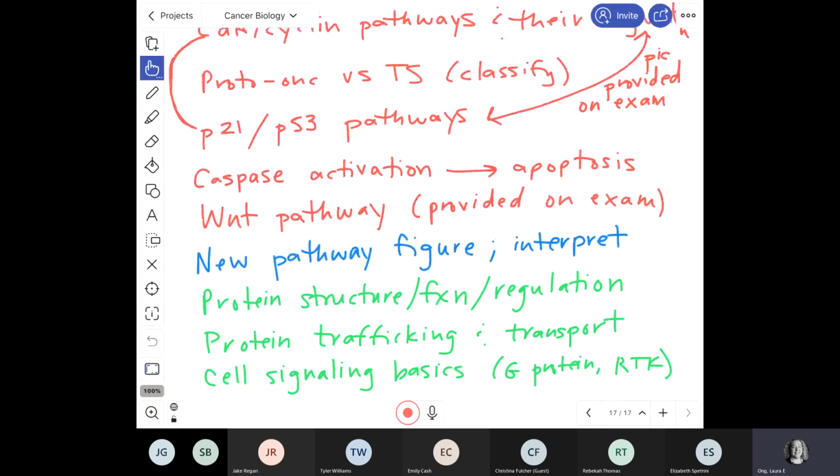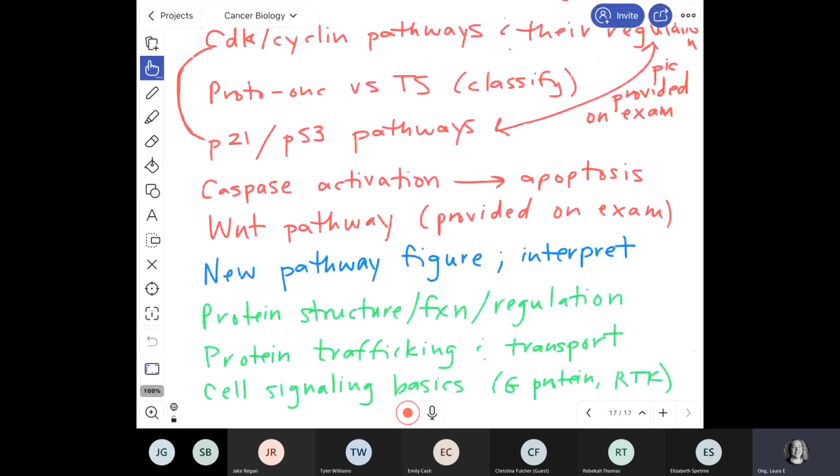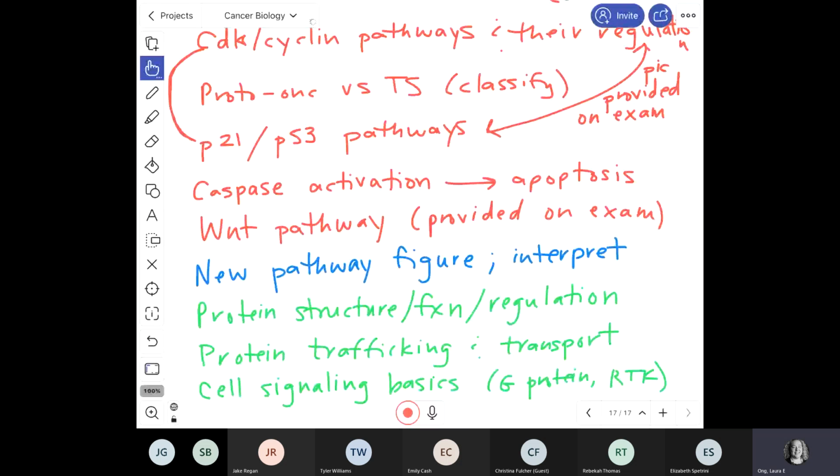It is going to be on Canvas, and you are going to need Lockdown Browser to do that. I've put on Canvas a link to a practice quiz that will let you practice using Lockdown Browser. This exam is going to be on December... what day is it? I can look this up. Hang on just a second.